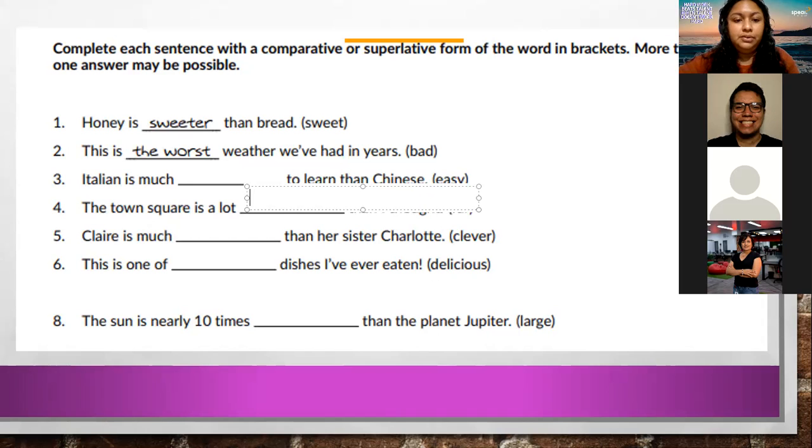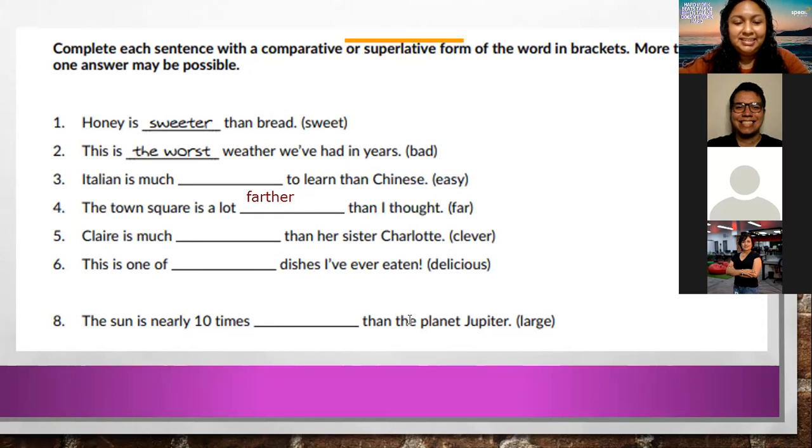So do you want to say further or farther? Are we talking about distance here? Well, yeah, it's distance and traveling. In that case, farther. Exactly. Very good.